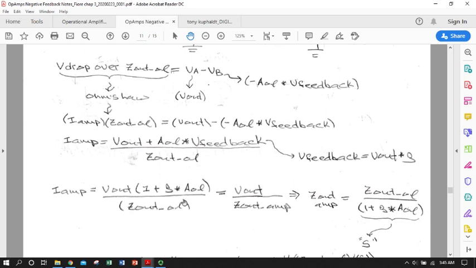So we can again apply Ohm's law a little bit here by saying that V out over the current, we could define that as Z out amplifier, since we have the output and we have the input.